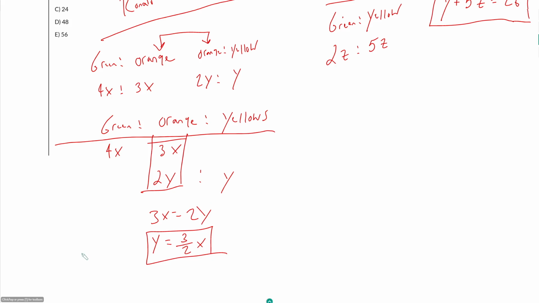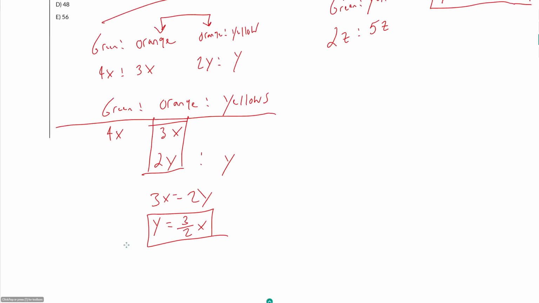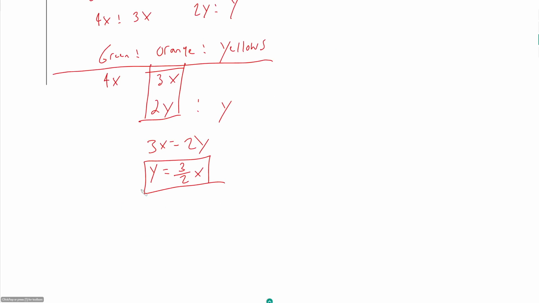So if we want to get all of Ronald's jelly beans in terms of x, we can keep his greens the same, because those are already in terms of x. So that stays as 4x. For our oranges, we can choose between x and y with orange, so we want to choose the 3x.